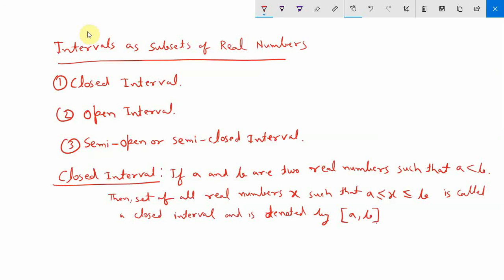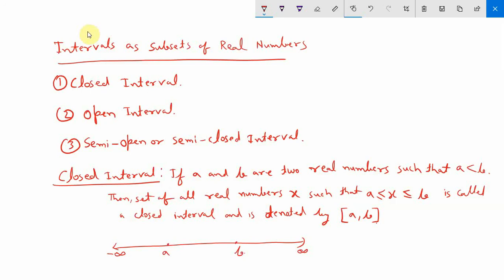If we represent this on a number line, it will start from minus infinity and go up to infinity. Let A and B be two points here and here.